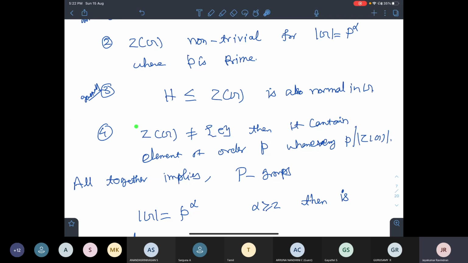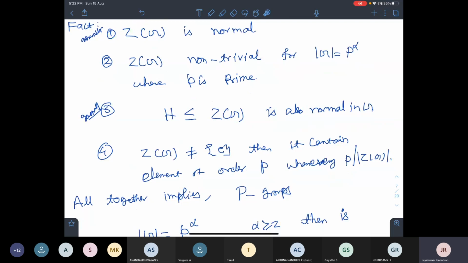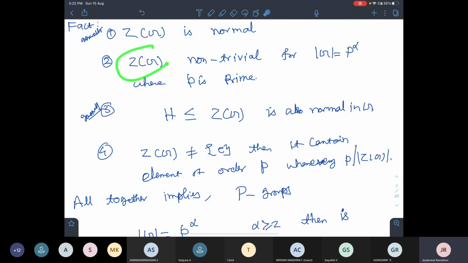Okay, so the center of G is not trivial, so it contains, whenever P divides, that many elements. Using these ideas, the center of G is a normal subgroup, any subgroup of it is normal, and this is a non-trivial normal subgroup Z of G.